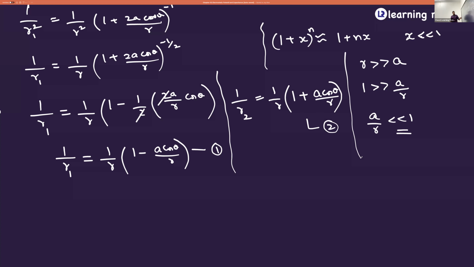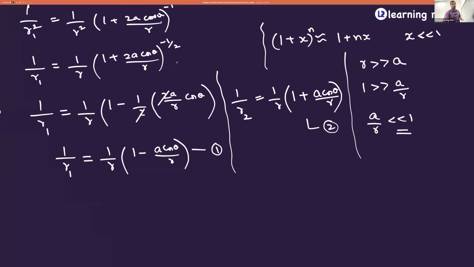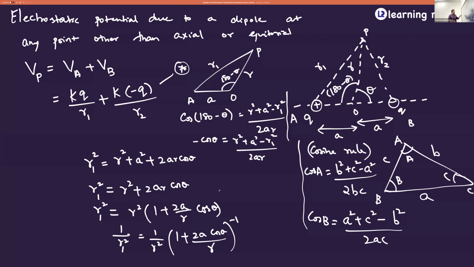I need to take this 1 and 2 and substitute it in this expression. Let me call this star. So what will I get? Potential at point P will be equal to, what is common there? Can you tell me? KQ is common. So what will you have inside?